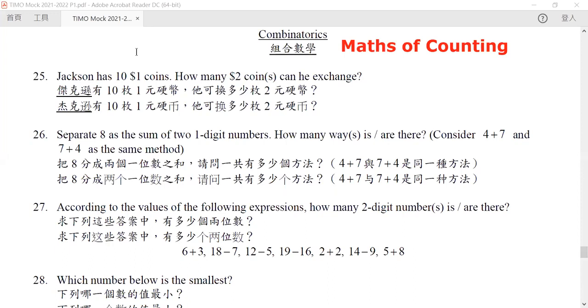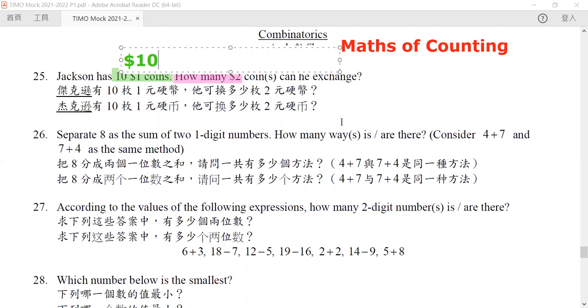Jackson has 10 $1 coins. So what's the value of these 10 coins? Each of them is $1, so in total it will be $10, right?